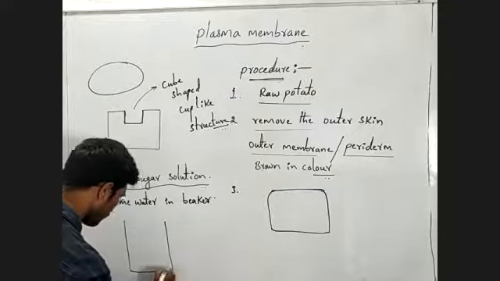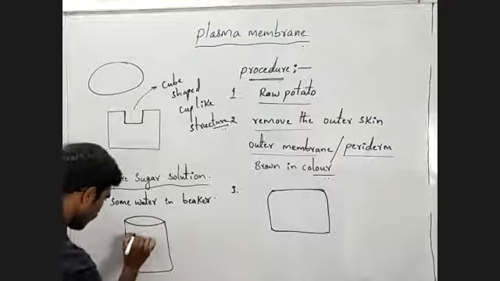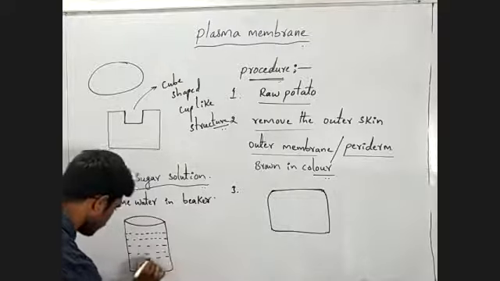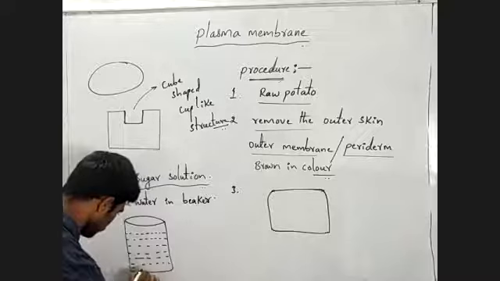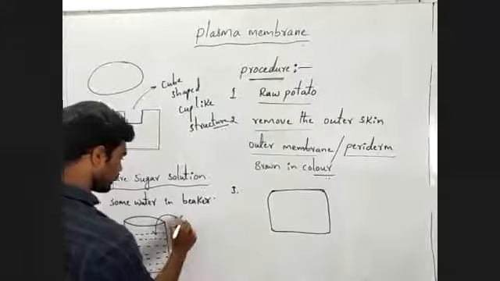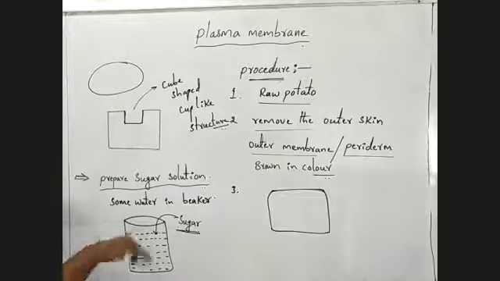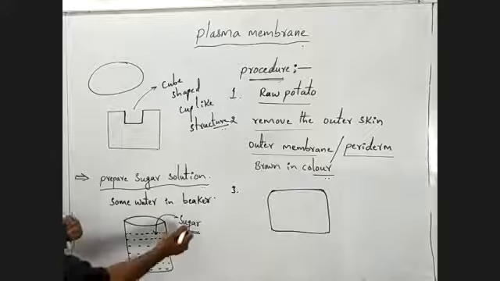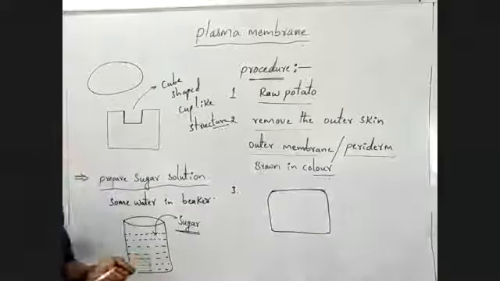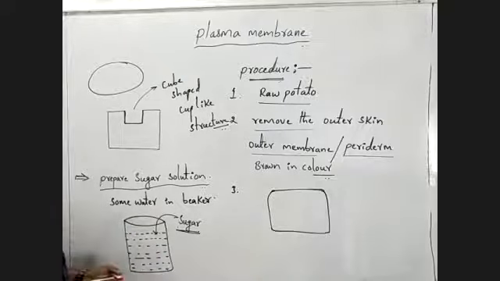Imagine this is a beaker. Then you have to pour some amount of water in this beaker. Next, you have to add the sugar. After adding sugar, you have to stir the entire mixture to dissolve the sugar in water. After stirring process, you can get the sugar solution. Like this, by using this procedure, you have to prepare the sugar solution.